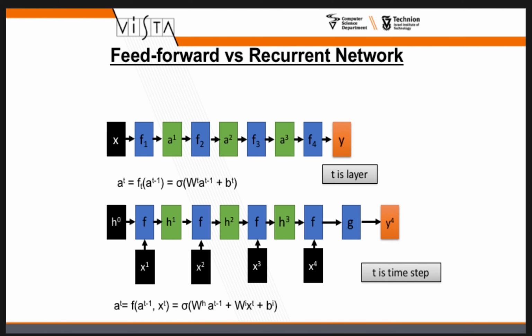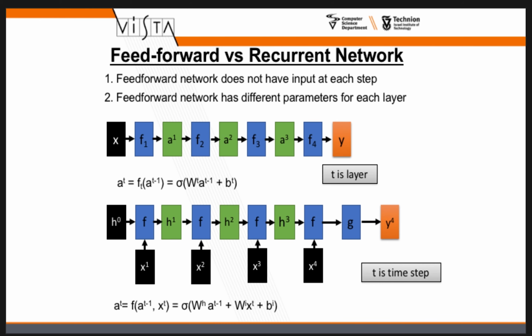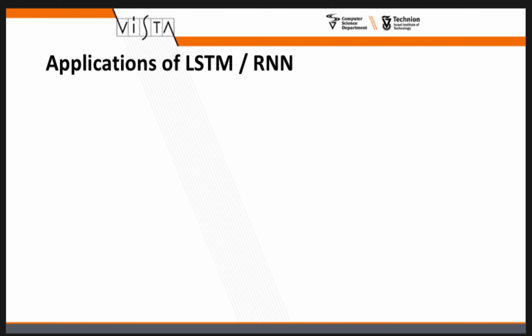So this is actually the information from the current state cell. Great. So the feed-forward neural network does not have input at each step, and the feed-forward network has different parameters for each layer, on the contrary of RNN.